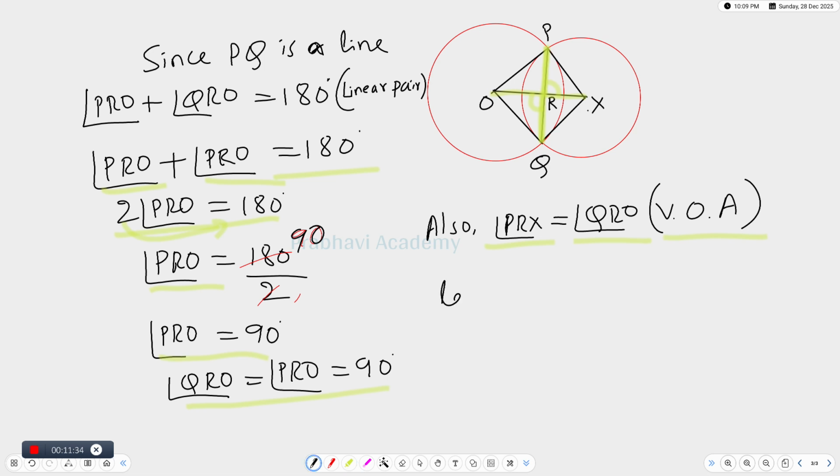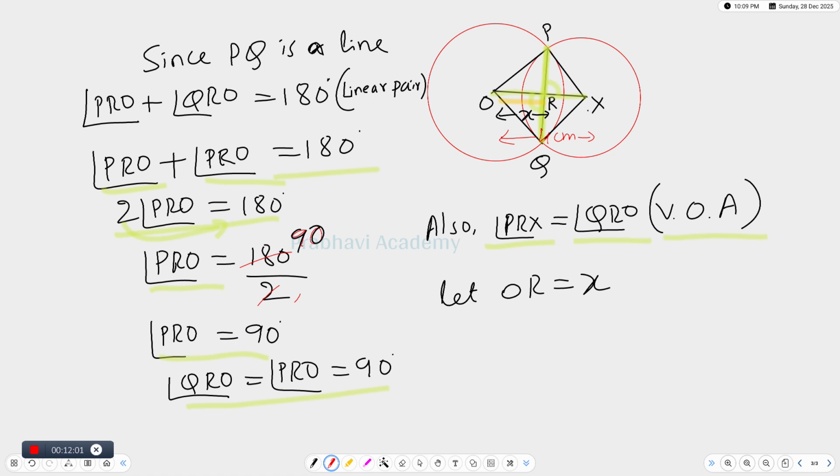Now, let OR be equal to X. So OR is here, I will take it as X. Already OX, that is the distance between the centers of the two circles, is given. How much is it? 4 centimeter.